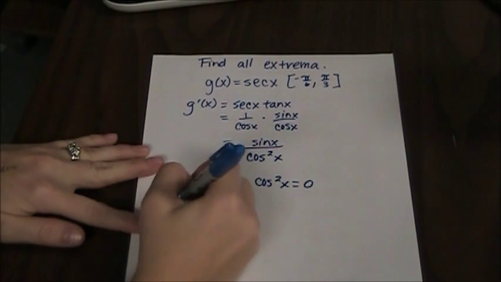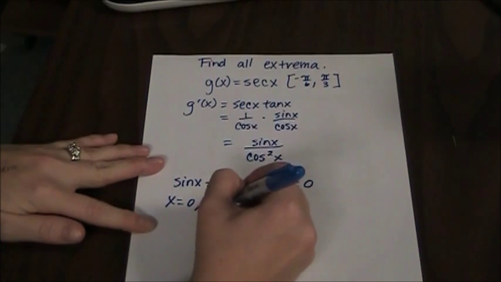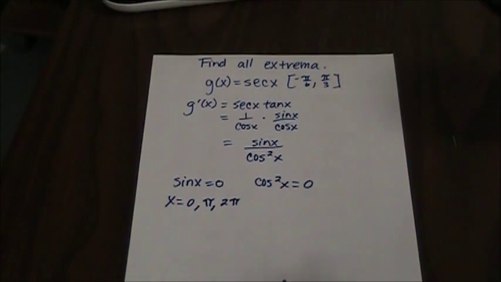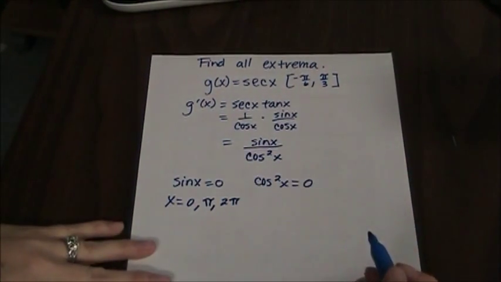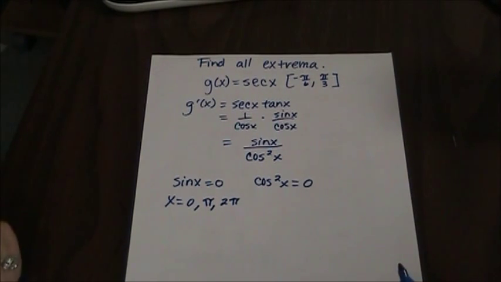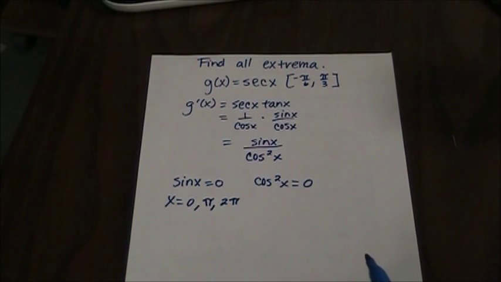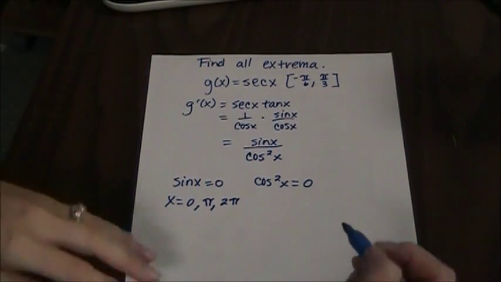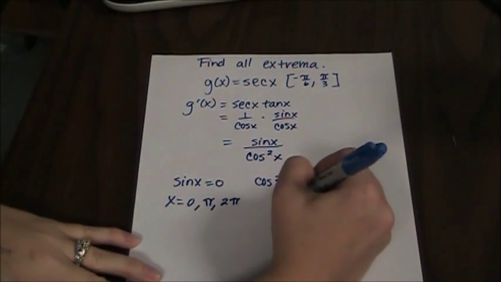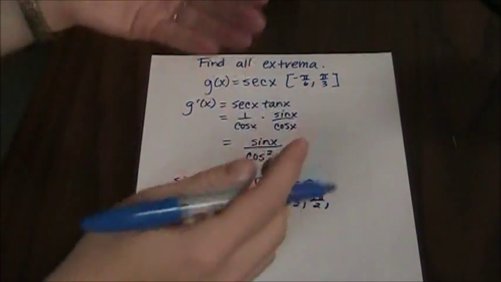So x would equal 0, pi, 2 pi, and so on. And then cosine squared of x would equal 0 where cosine of x is 0, at intervals of pi over 2. So pi over 2, 3 pi over 2, etc.